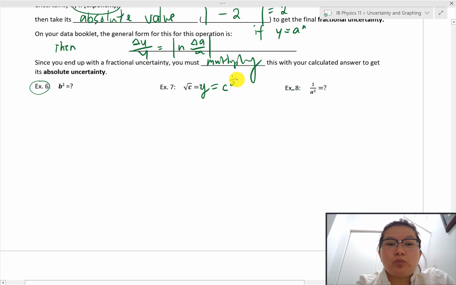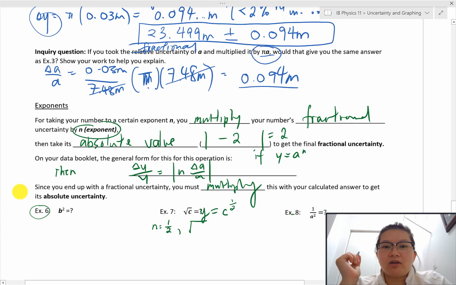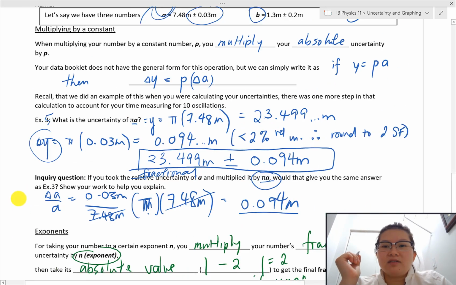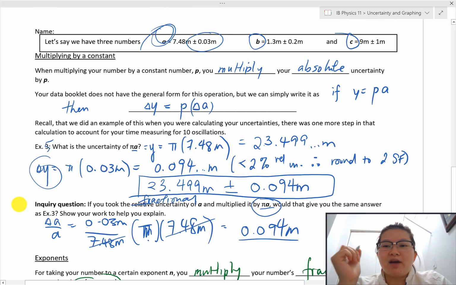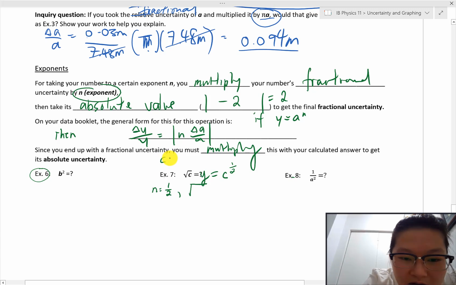So n is a half. That's important to know. The first thing you want to do is take the square root of c. If we take a look at our numbers at the top, c is 9 meters plus minus 1 meter. I'm going to quickly write that down up here for our reference.